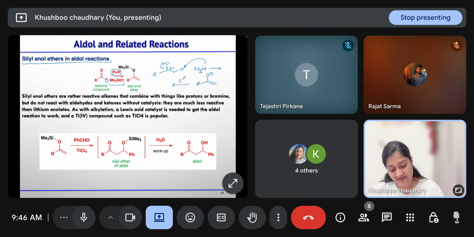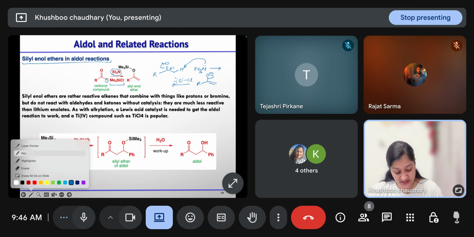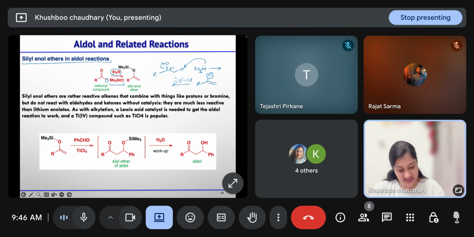Then we have TMSCl in this. So this O negative. Silicon is oxophilic. The silicon-oxygen bond is very stable. So oxygen will attack the silicon, and this chloride will leave. So you will get this silyl enol ether.